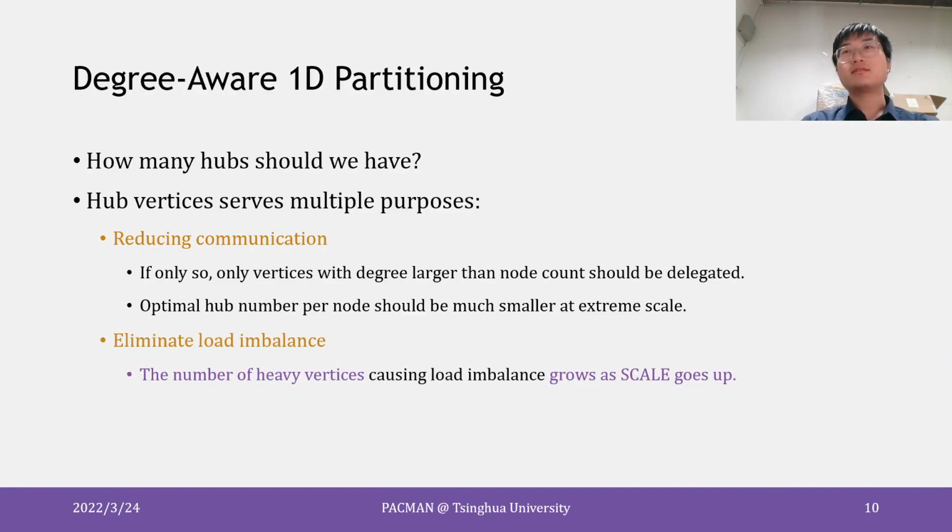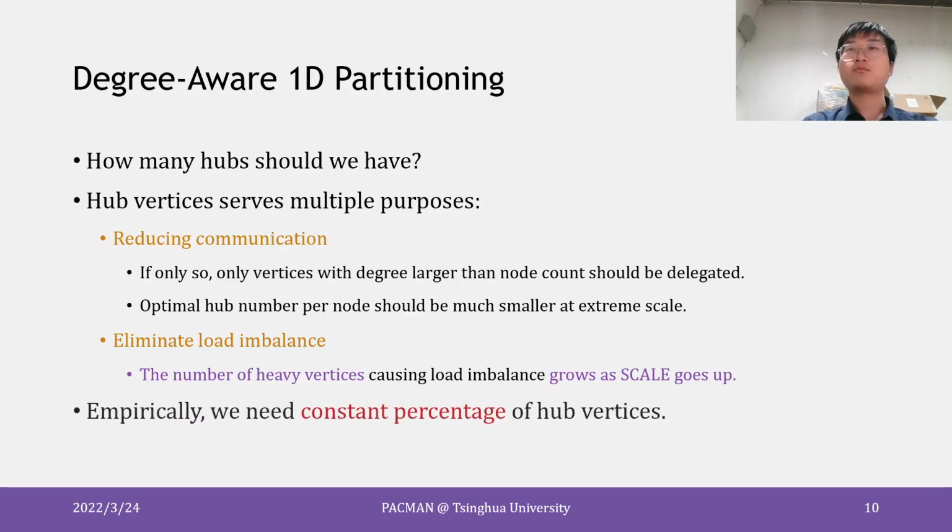The second one says it might not be. To eliminate load imbalance, heavy vertices causing imbalance must be delegated. But the number of heavy vertices also increases as the graph grows large. As an empirical result, we need a constant percentage of hub vertices. Otherwise, load imbalance and other factors, including loss of early-exit potential in bottom-up iterations in BFS, will kill the performance.